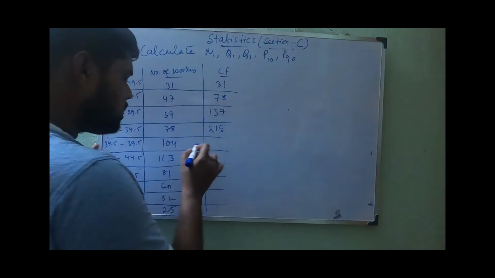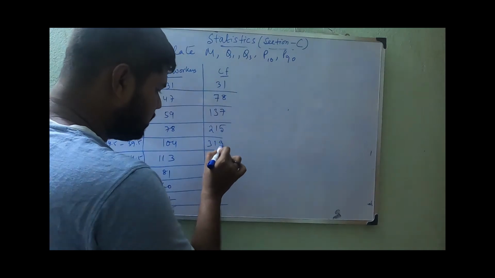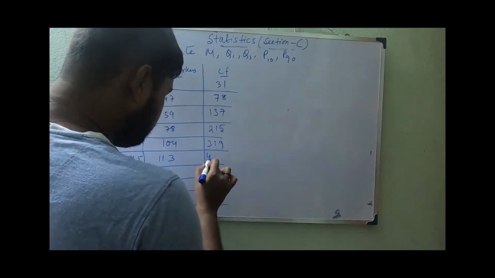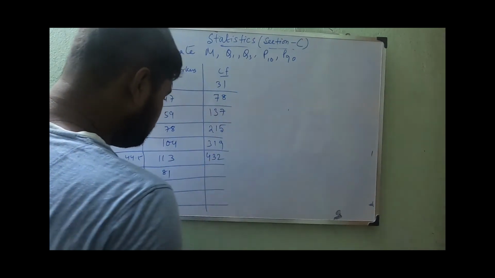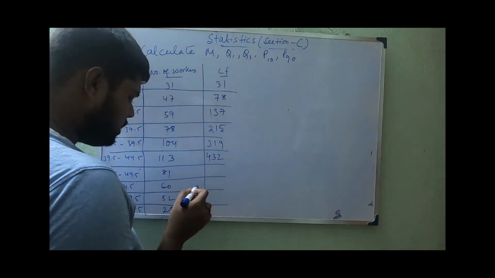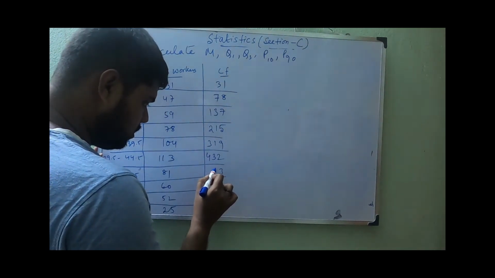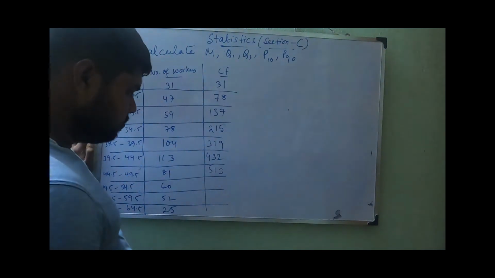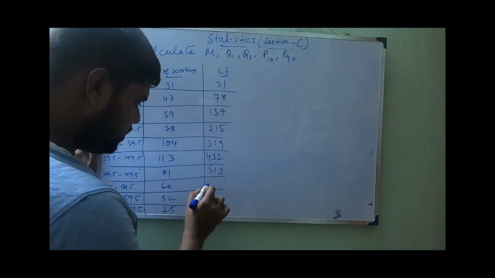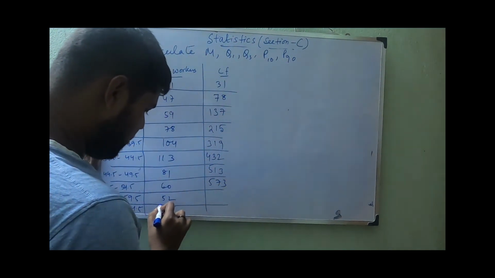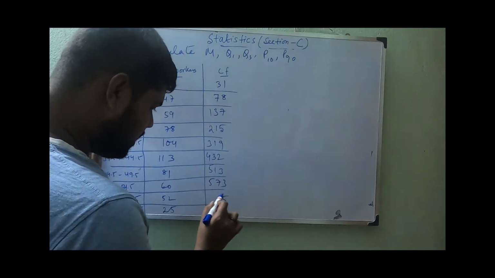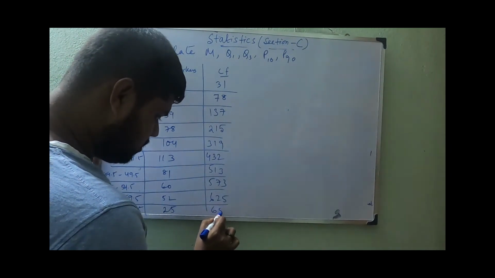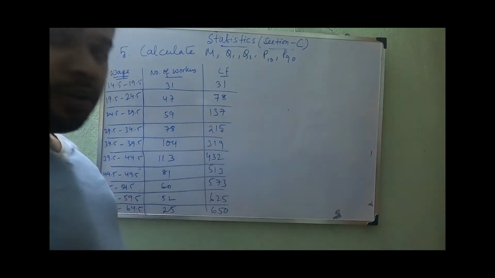And 215 plus 104 should be 319. 319 plus 113 should be 432. 432 plus 81 should be 513, and so on up to 650. I hope this is correct.